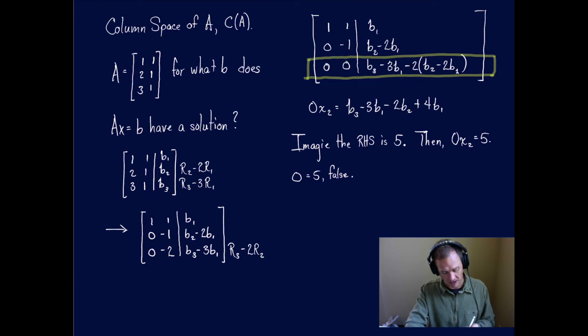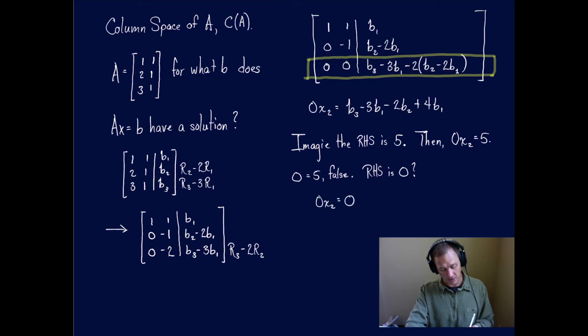So let's look at the other case. The other case is this. What if we make the right-hand side 0? Then what do I have? Well, now I have 0x2 equals 0.